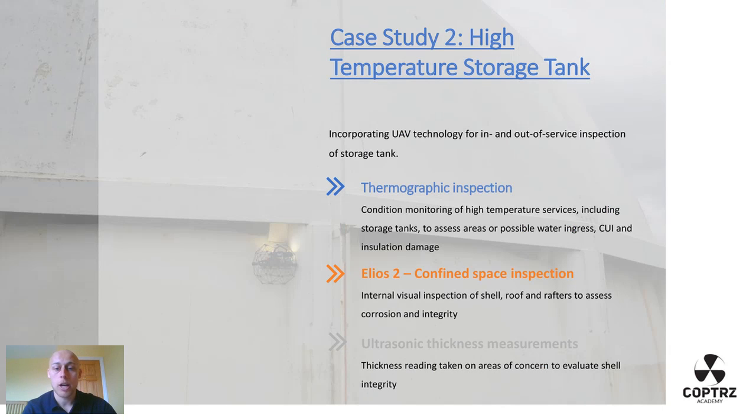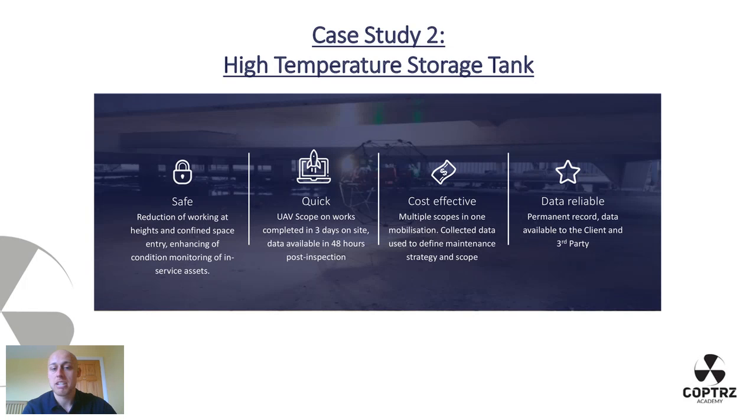And I've got a couple of them, but I am going to skip through because we are going quite slowly. Essentially, the four big things: safety, speed, cost effectiveness, and reliability. We've got, especially the Helios 2, which has a 20 megapixel camera. You've got a really good camera which is going to capture a lot of data in a small area.